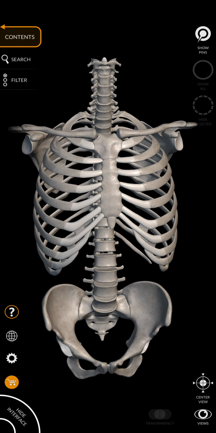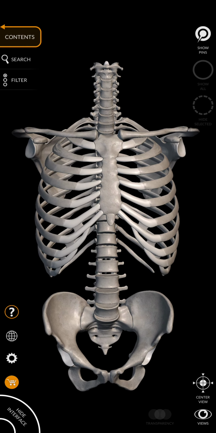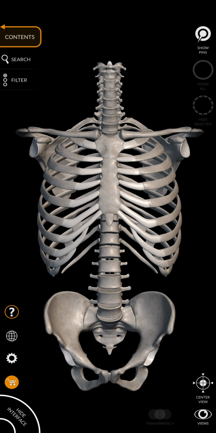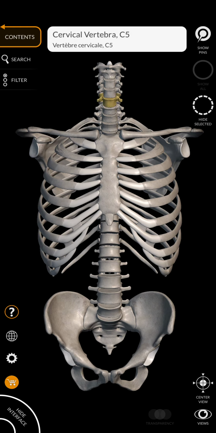Alright, so this cage is part of the axial skeleton. The axial skeleton is basically the skull. It is not represented in here, but the skull is part of the axial skeleton. And then we have the spine with the vertebrae. And then we have the thoracic cage here.